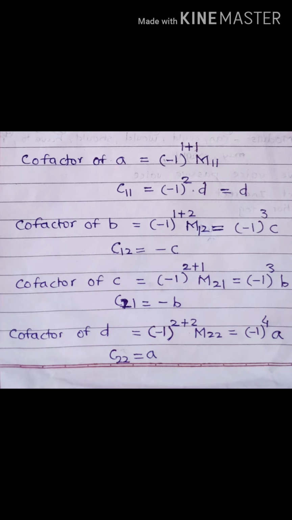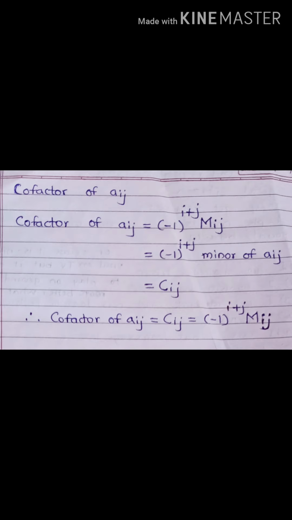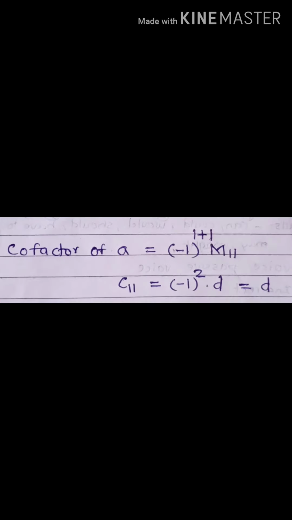Using this information, the cofactor of A, which has position A11, that means in the determinant it is in the first row and first column, is minus 1 raised to 1 plus 1 into M11. We know that the minor of A is D. Therefore, substituting this value, minus 1 raised to 2 into D is equal to D.